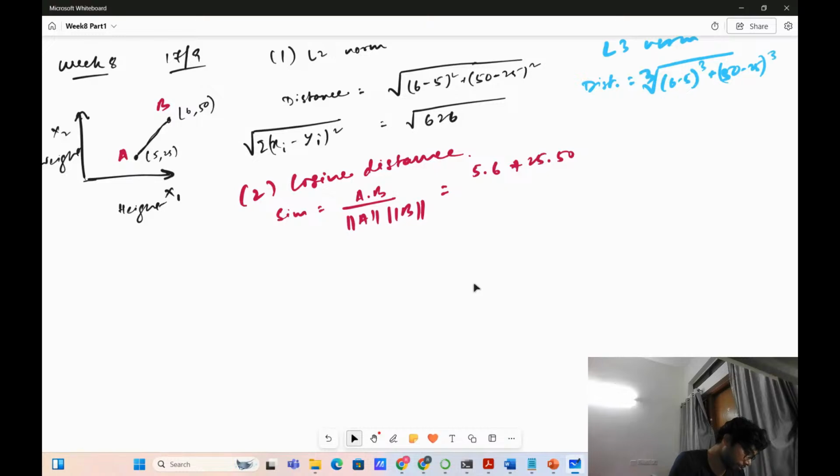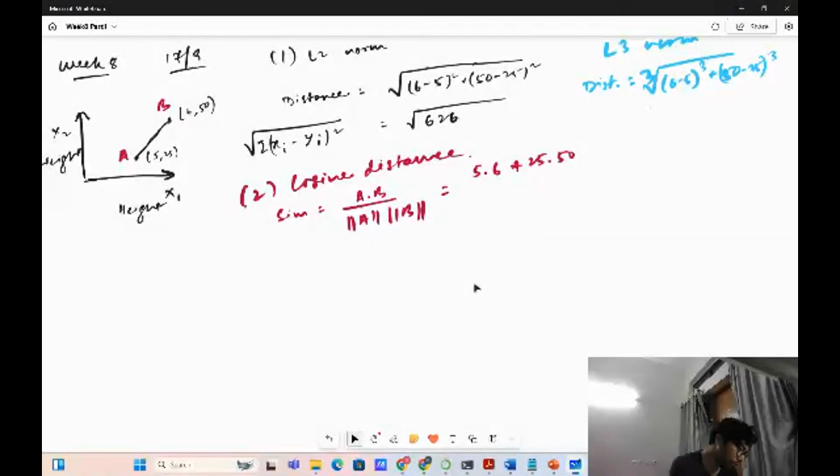That's what I'm saying. Is that clear? L4, L5, L6, for any distance.